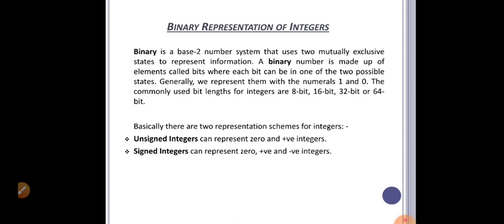Let us understand it in depth. There are two representation schemes for integers. The first one is unsigned integers. Unsigned integers means no sign will be present before the integers. Unsigned integers can represent 0 and positive integers, but no plus or minus sign will be present.